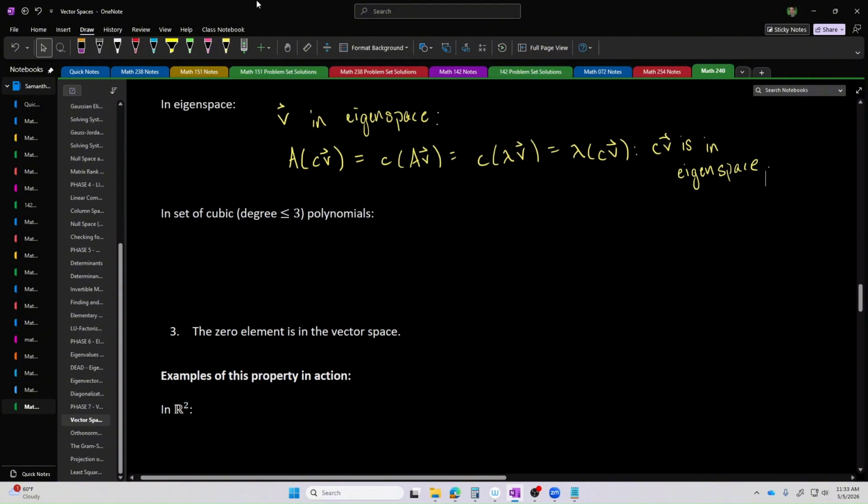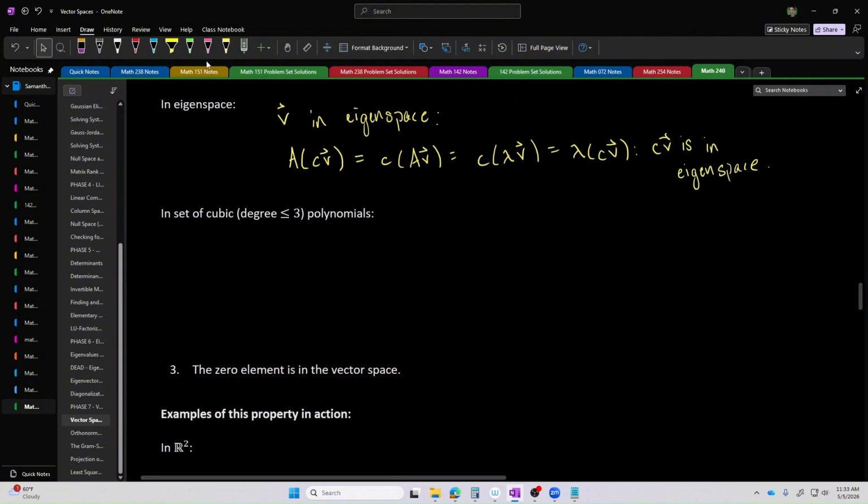And the set of all cubics has this property also. If I take a cubic polynomial, for example t cubed minus 4t squared plus 3t plus 9, and I scale it by the number 5, the result is also a cubic polynomial.